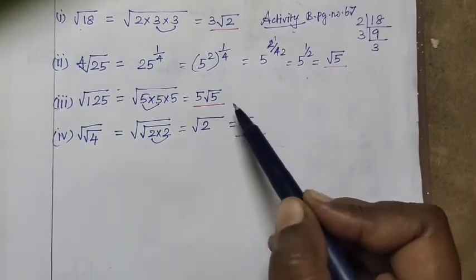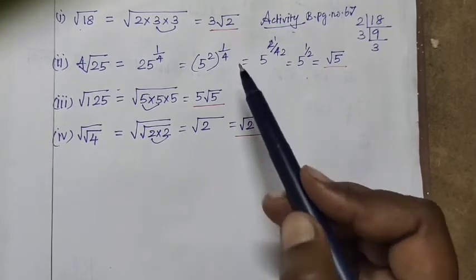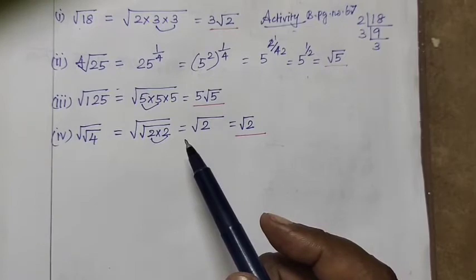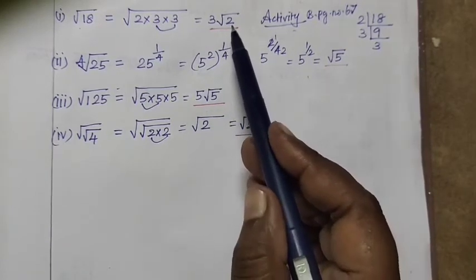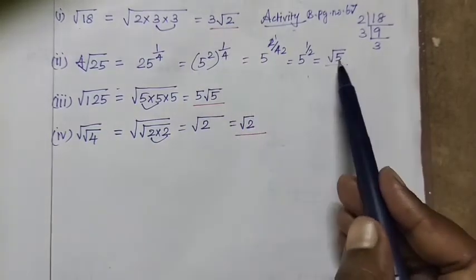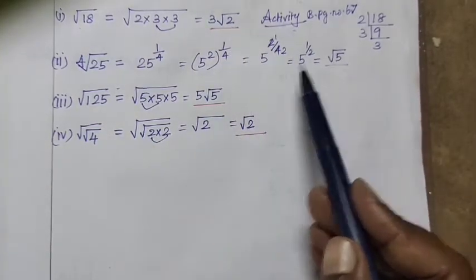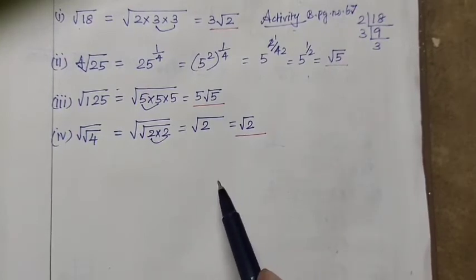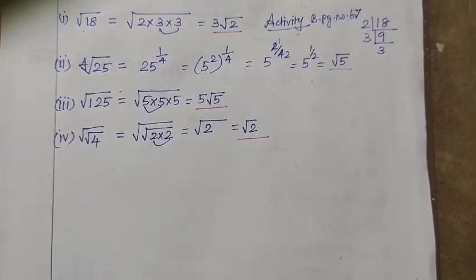Here these 2 and 5 are rational numbers, isn't it? So these are rational numbers inside the radical sign. 2 and 5 are rational numbers. We can write it as 2 by 1. May I ask, is there any special name for such numbers? Yes, such numbers are called surds.